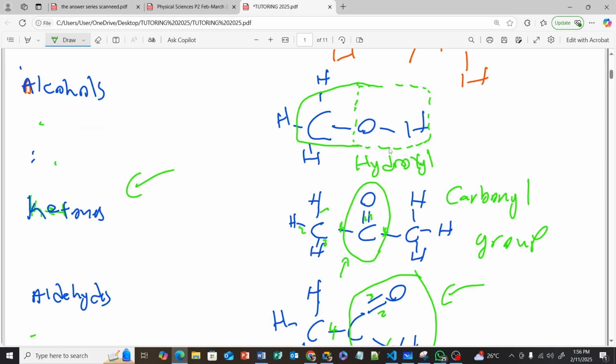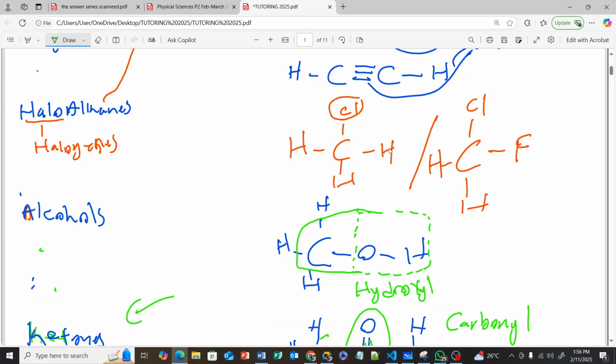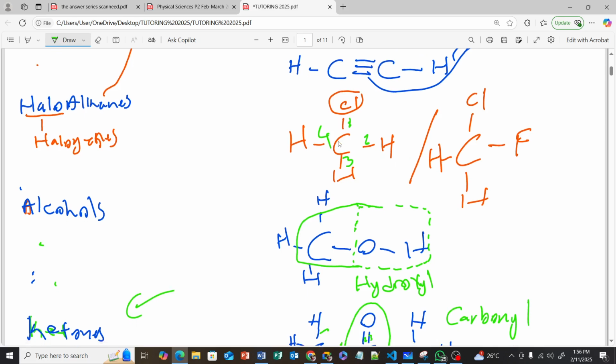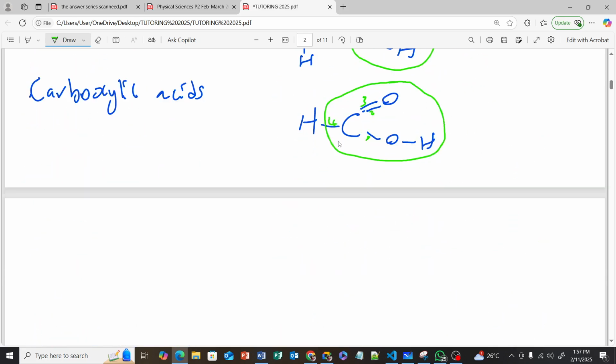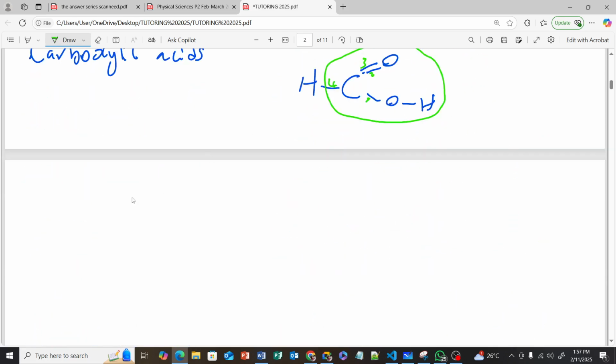So surrounding all carbons, you are going to have 4 bonds. All carbon atoms must have 4 bonds around them. More than that, you are breaking the laws. Okay, and then lastly but not least, we have esters.